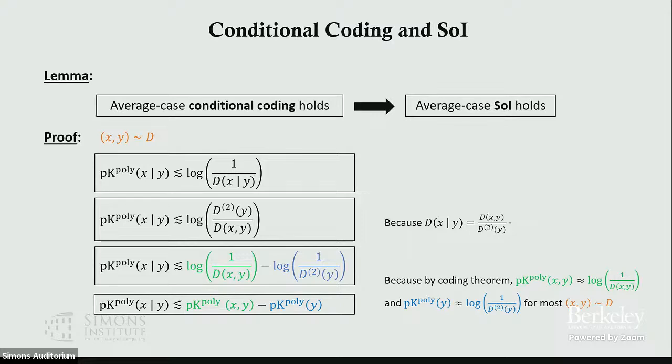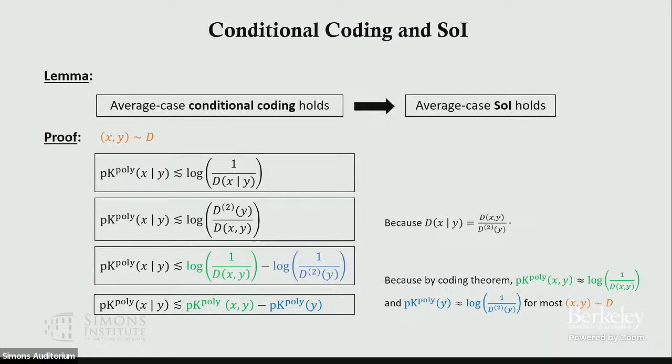Here, because both D and the marginal distribution of D are polynomial time sampleable, by the coding these two quantities should be about the same, and these two quantities are also about the same, at least on average.